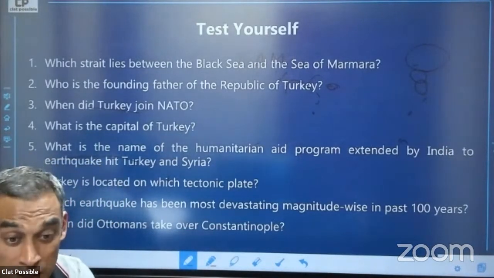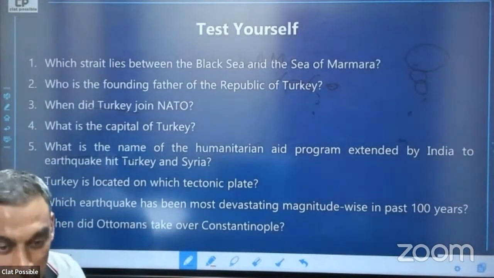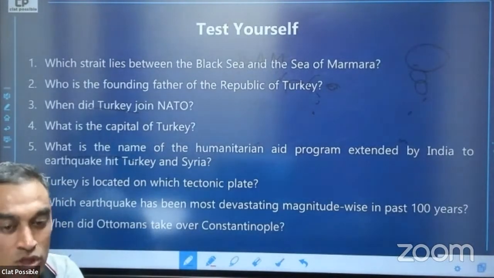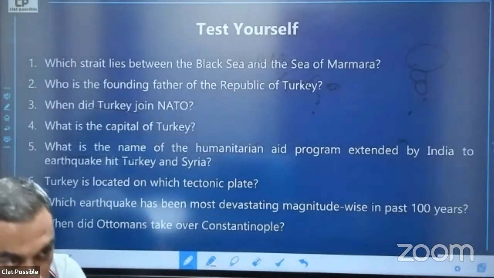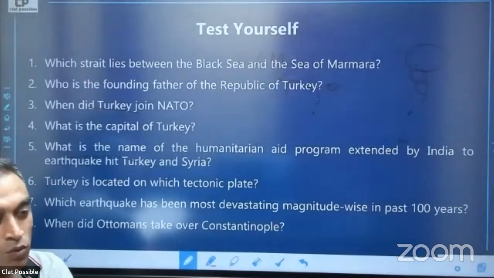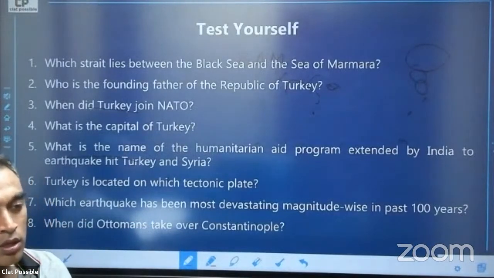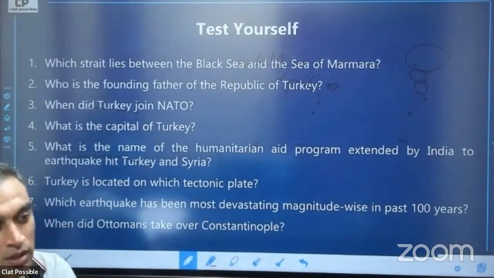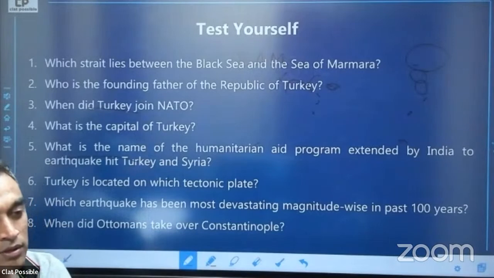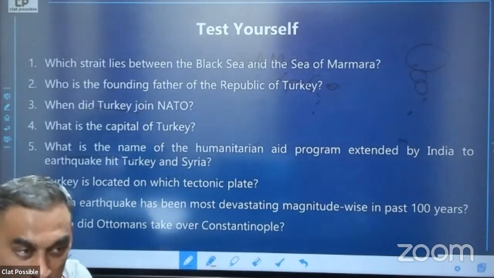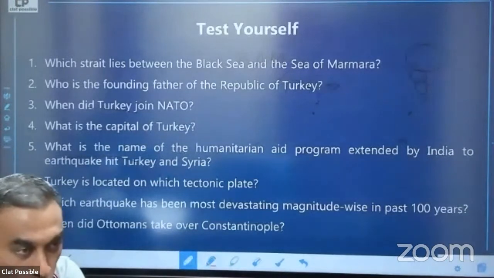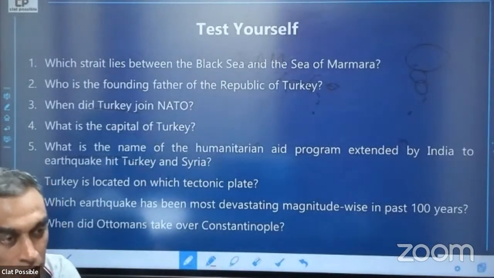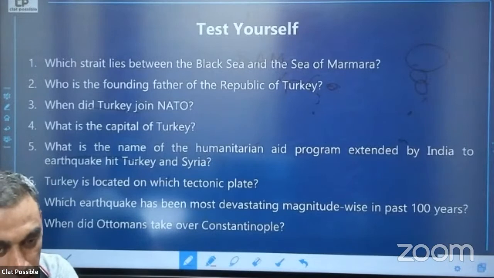Who was the one who defeated the Ottoman Empire? Absolutely. Mustafa Kemal Pasha, also known as Ataturk, and he was the one who led the army and they defeated the Ottoman Empire. So from 29th October 1923, the Republic of Turkey was formed, right?